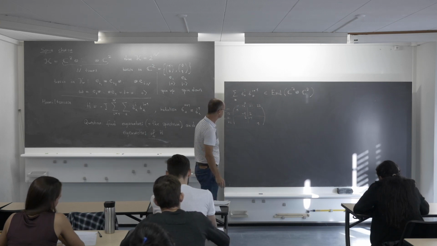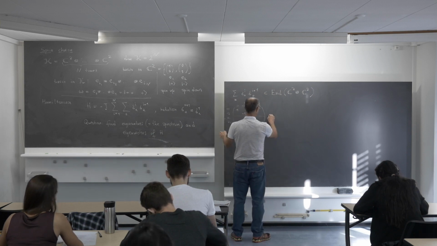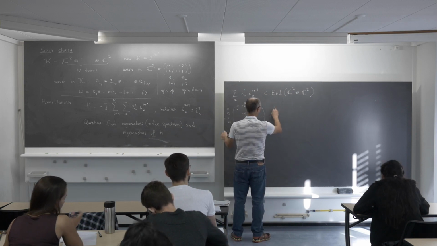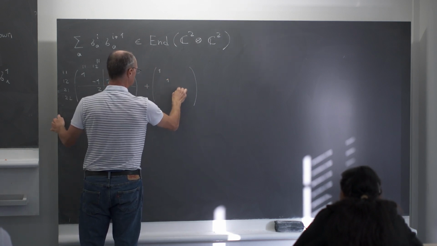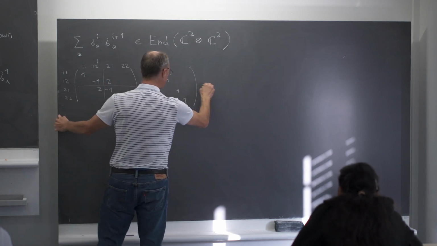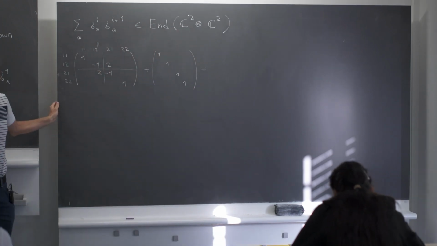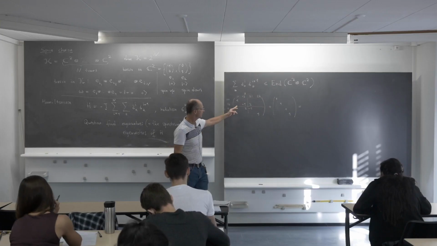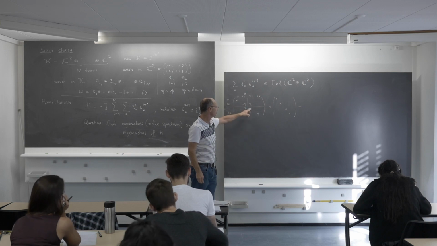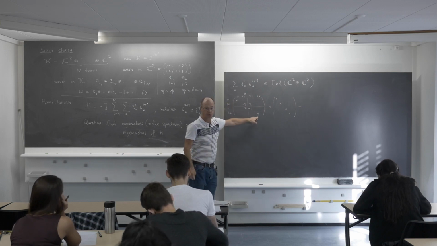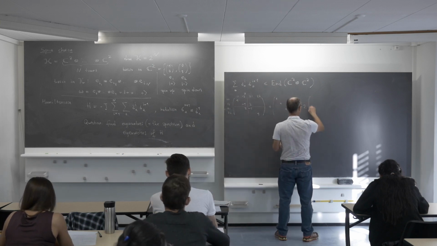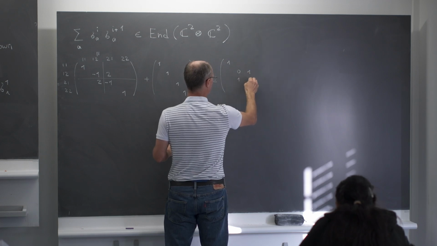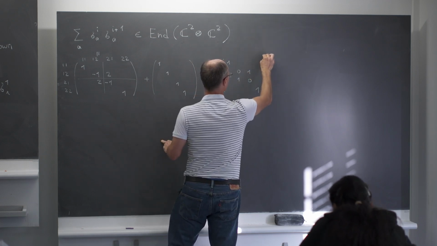All right. So let me now do the following. Let me add to it a unit matrix, so just a unit operator. Then you see what will happen. Those minus ones get cancelled, those ones get doubled, and I can write it as twice 1, 0, 1, 1, 0, 1.